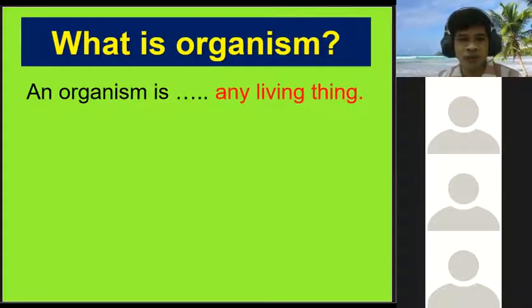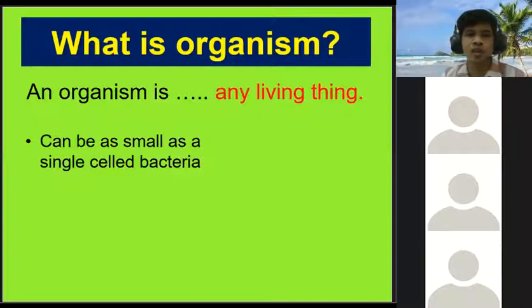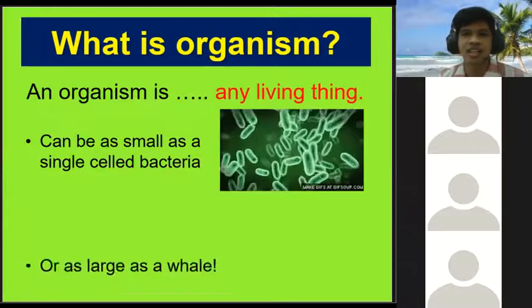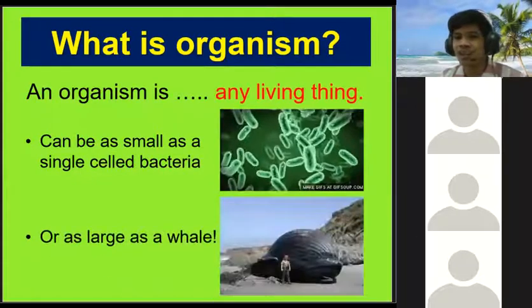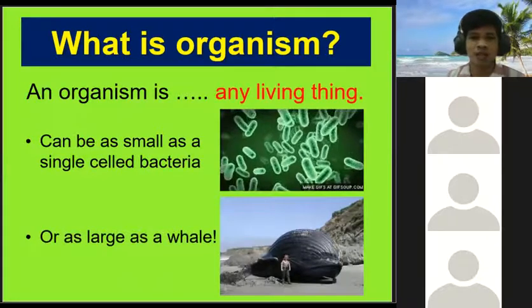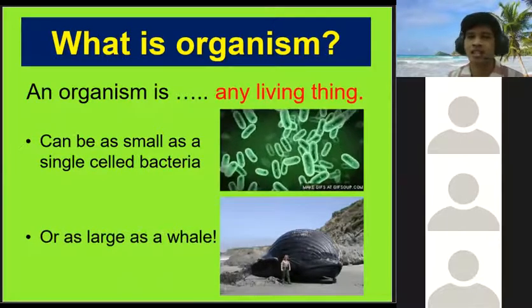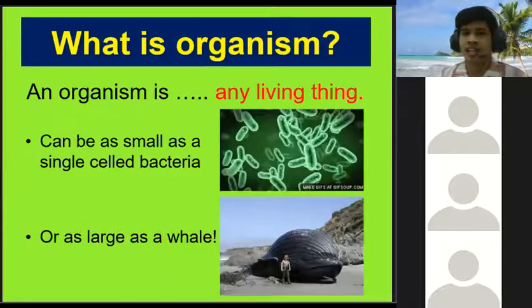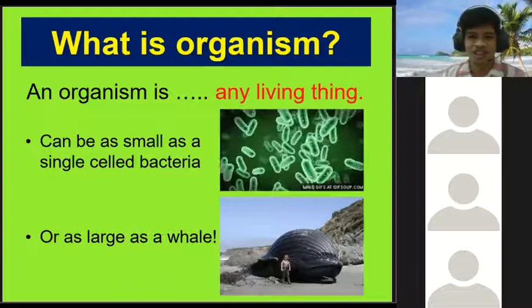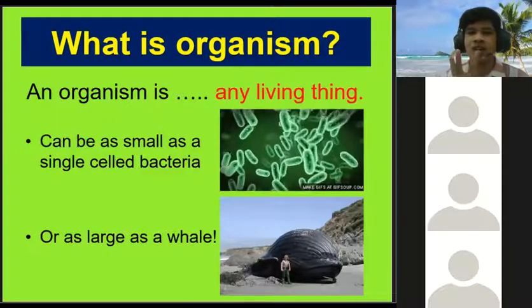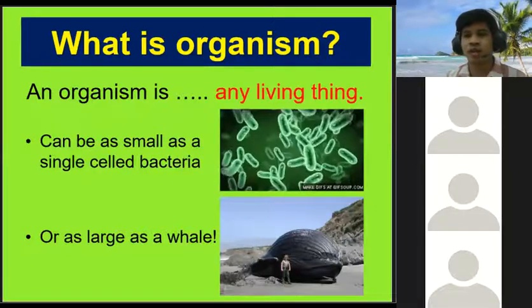It can be as small as a single-celled bacteria or as large as a whale. All of these are called organisms. Basically there are four types of them, which we're going to study one by one today.